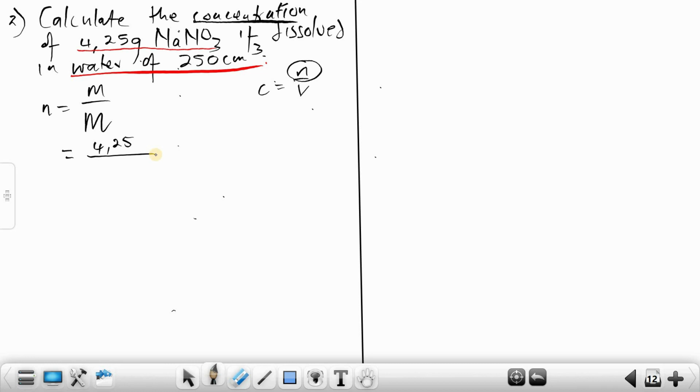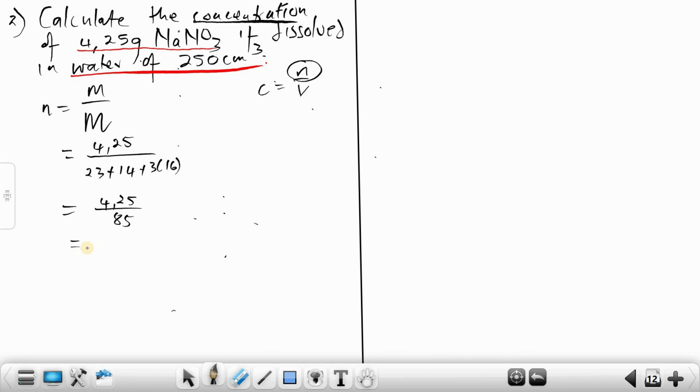So the molar mass: sodium is 23, plus now nitrogen is 14, plus 3 oxygens, 23 plus 14 plus 3 multiplied by 16, it gives us 85, and I saw you got this one right at 85.